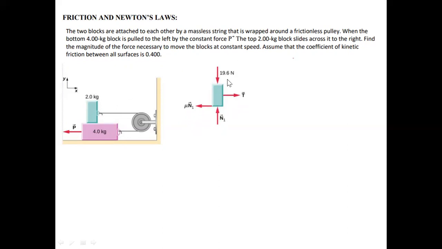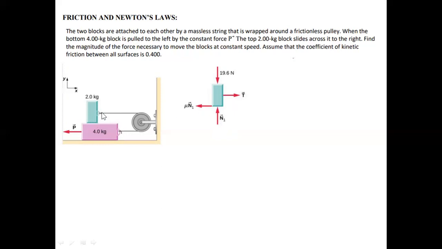Now, the normal force is always the counteracting force of the weight, so it points upwards, which is designated as N1. And since the 2 kilogram block is only moved by the tension of this cable, we're going to name it T.